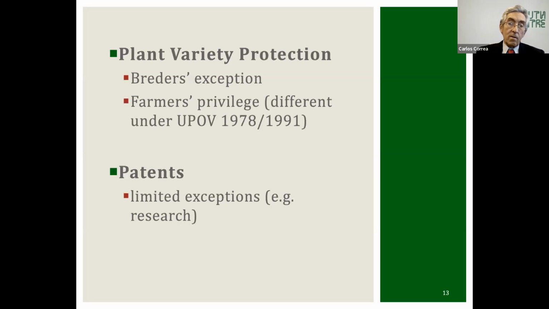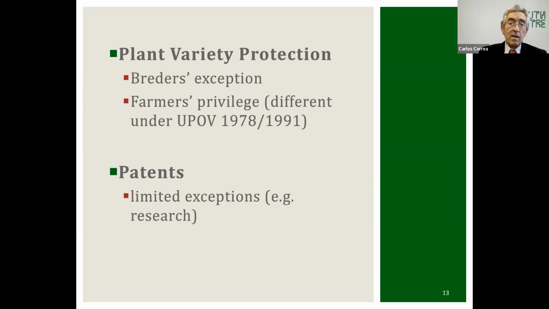So protection based on plant variety protection will not limit further research and breeding on the basis of a protected variety. And also under plant variety protection, there is an important exception, generally called the farmer's privilege, which refers, as I mentioned, to the right of farmers to save and reuse seeds.